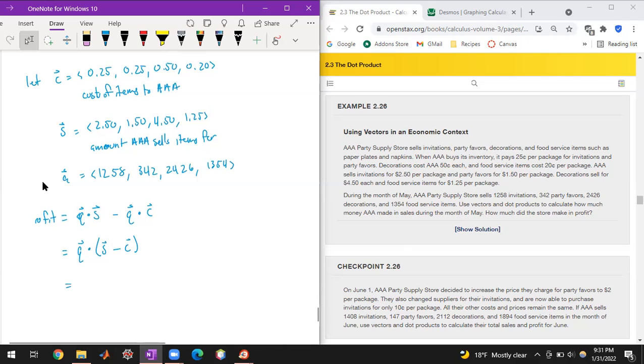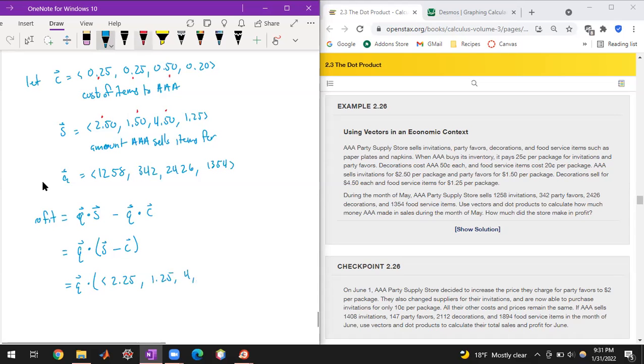So I've got my quantity vector times, let's do the subtraction here. The 2.50 minus the 0.25 gives me 2.25, which takes care of our first item. For our second item, we've got the 1.50 we've sold it for minus the 25 cents we paid for it. For our third item, we have the 4.50 minus the 50 cents that we paid for it.